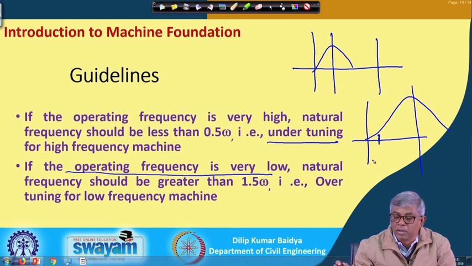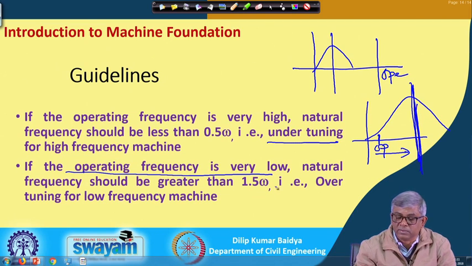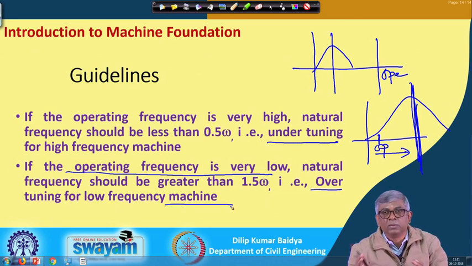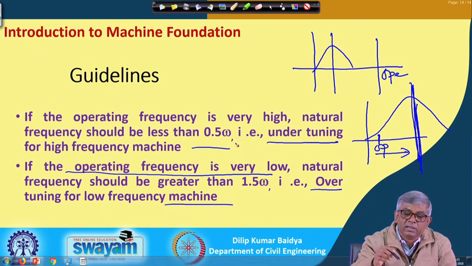That is called over-tuned. That means you have designed the foundation natural frequency in such a way that it is far away from the operating frequency. So, what is over-tuned, what is under-tuned, and in which case you will do under-tuning and in which case over-tuning, is mentioned through these two points.